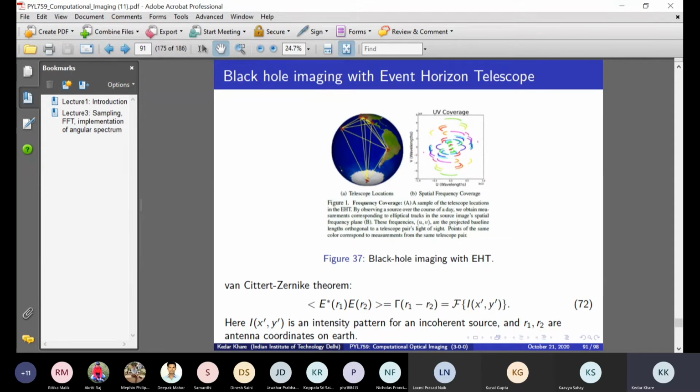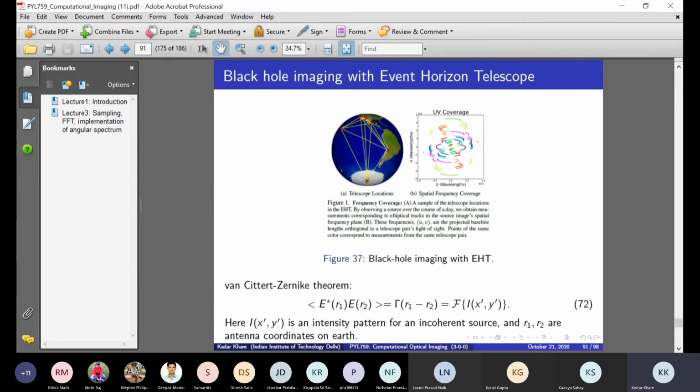And does anybody know how the signal is collected so that the black hole image is formed? Is each antenna looking at the black hole, or what is being done? Anyway, there is a fundamental result called the Van Cittert-Zernike theorem.